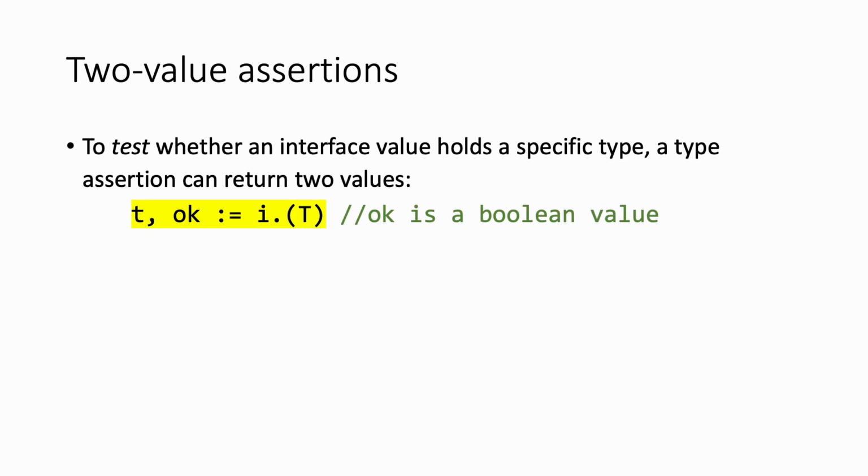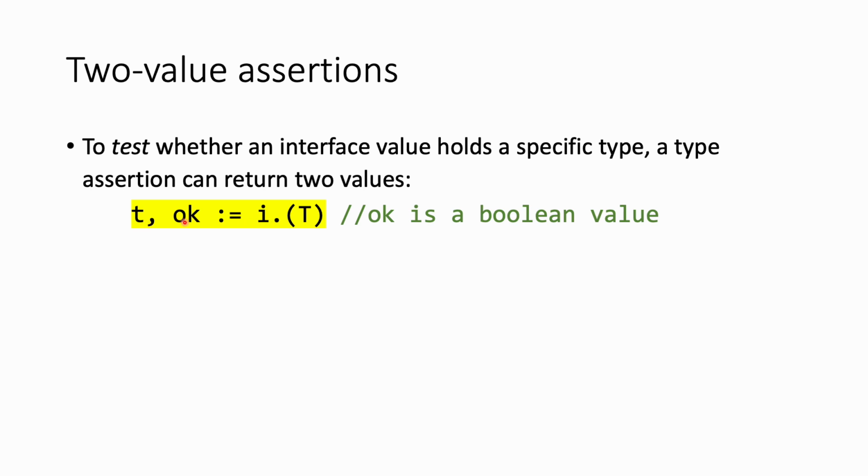Another form of type assertions is the two-value assertion, which is used to test whether an interface value holds a specific type so that the program can avoid panic. A two-value type assertion can return two values. The first returned value is the underlying value of the interface value.